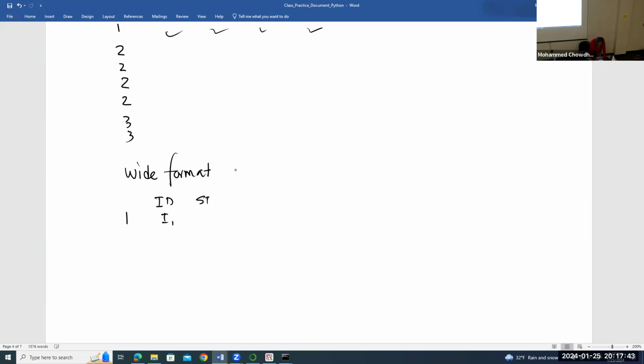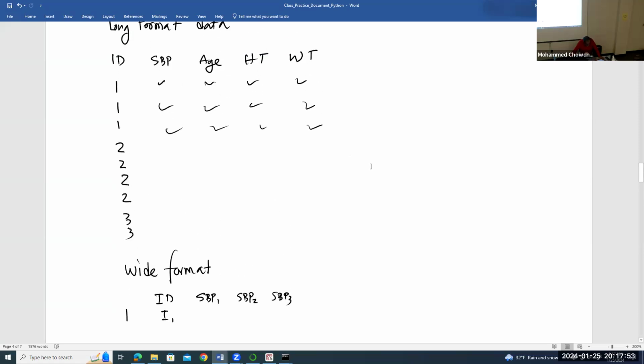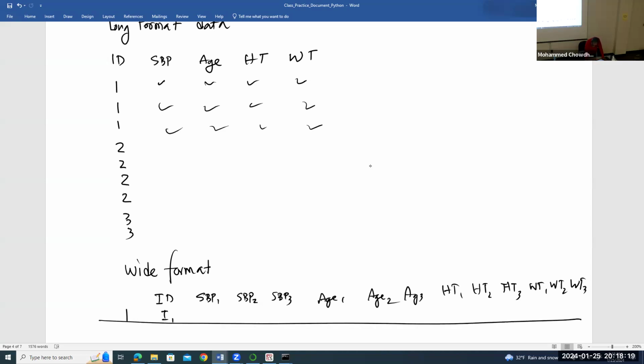Then I put SBP 1, SBP 2, SBP 3, because the first person has 3 measurements. Then age 1, age 2, age 3, then height 1, height 2, height 3, weight 1, weight 2 and weight 3. So this is one person's data in one line.